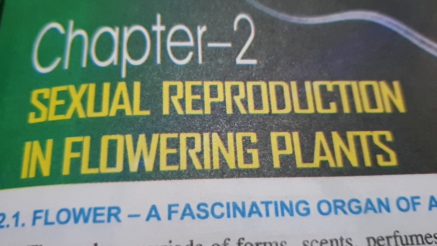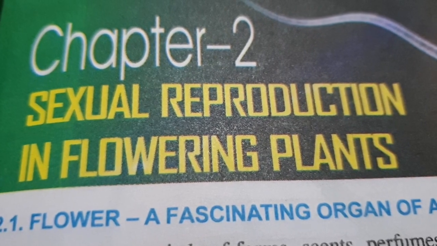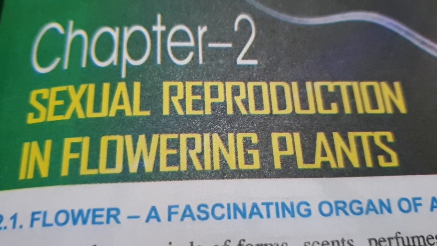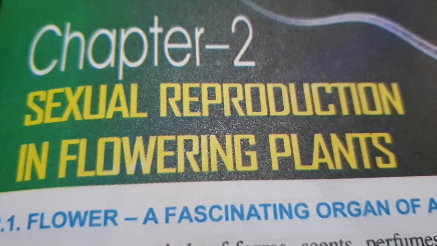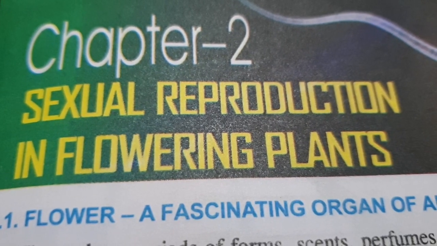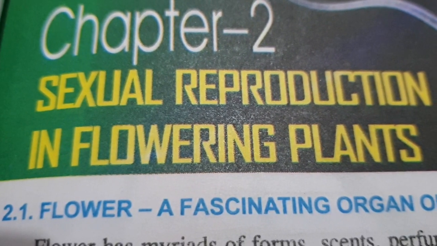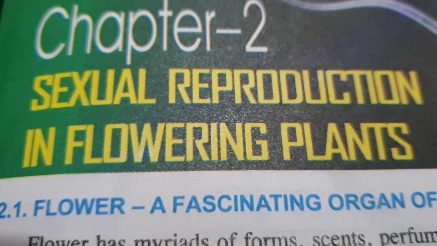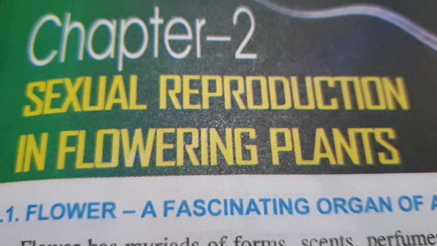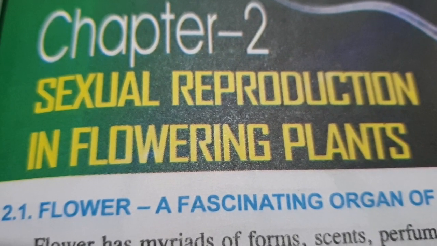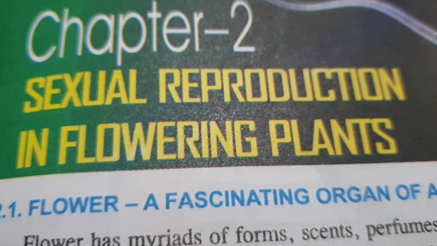Now these angiosperms originated between the Jurassic and Cretaceous period of the earth and were mostly dominant during the Cenozoic era, for which that time period is considered to be the golden period of angiosperms. The sexual reproduction process was first studied by Jacob Camerarius, and the whole process was properly discussed and explained in different steps.